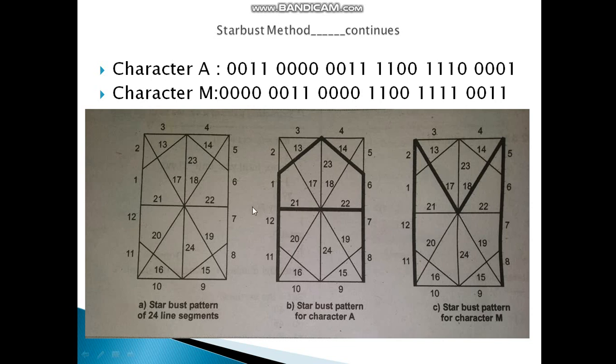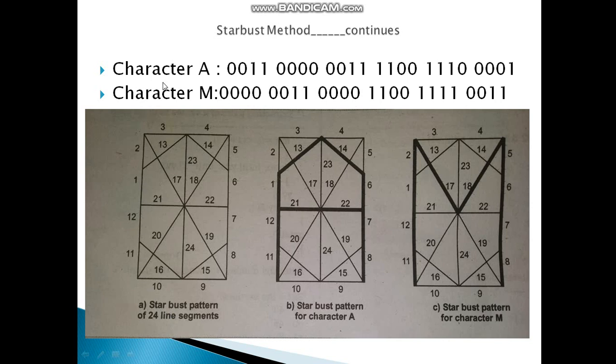So here is a figure of the starburst method. In this figure, there is the pattern of 24 lines. Here is line one, then second, third, fourth, fifth, sixth, 7, 8, 9, 10, 11, 12, 13, 14, 15, 16, 17, 18, 19, 20, 21, 22, 23 and 24.